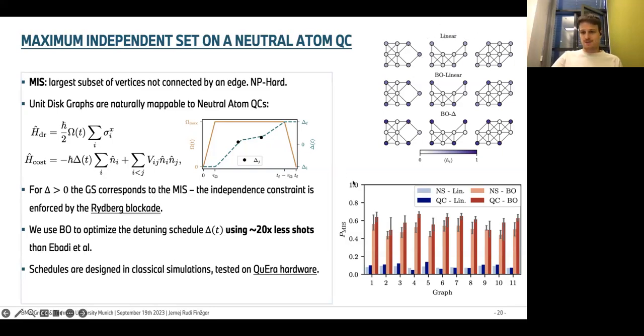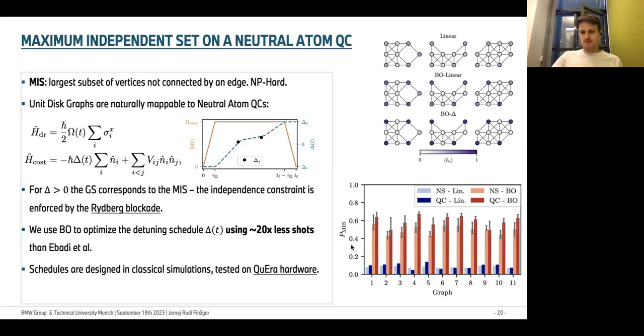And this is in nice agreement with the bar plot below. In the bar plot below, I plot the probability of observing the maximum independent set for each graph across various repetitions.